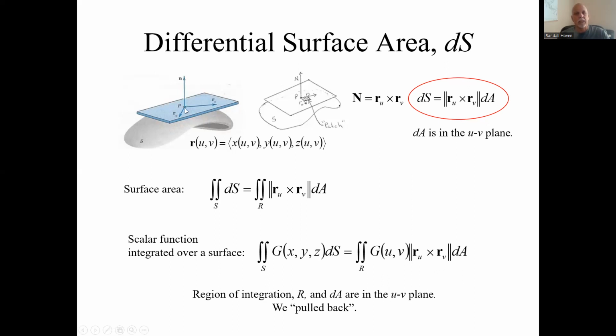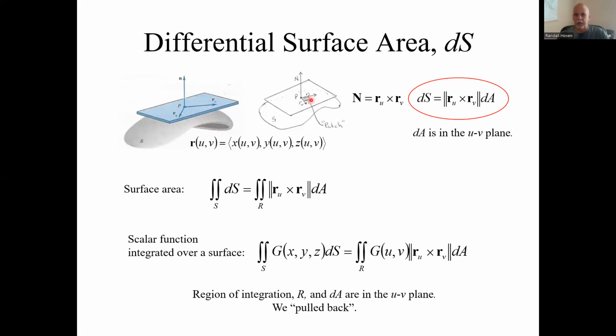Well, let's scale the r sub u with a little delta u, and scale the r sub v with a little delta v, so that in that tangent plane, we have r sub u times delta u, r sub v times delta v. Let's look at a little parallelogram patch. We had the formula for the area of a parallelogram.